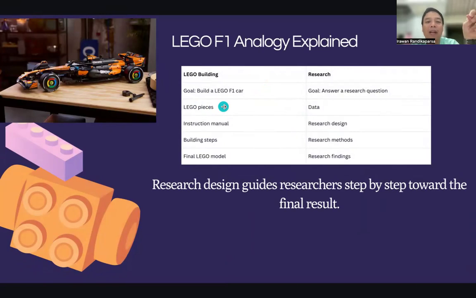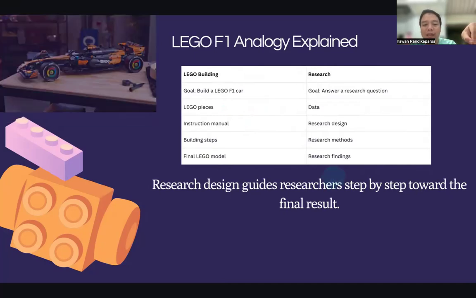The instruction manual represents the research design, like a blueprint or master plan of what you're going to do from A until Z, from the beginning until the end. The building steps represent the research method, and the completed Lego model represents the research findings. So just like the Lego instruction guide, research design guides the research process step by step.